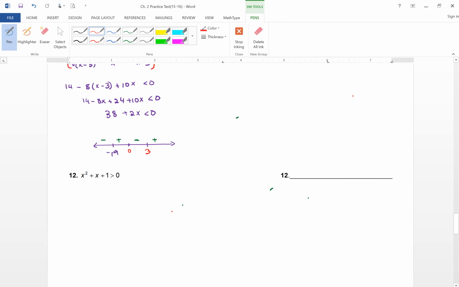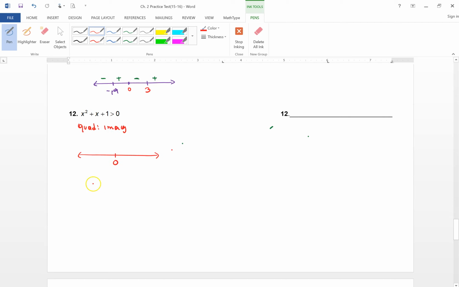All right, what about this one? Can you factor this? No. And when you do quadratic, you get imaginary solutions. Meaning you can't put anything on the number line, but you make a makeshift number line anyway. All right, so if x's are positive, will you get a positive or negative y value?